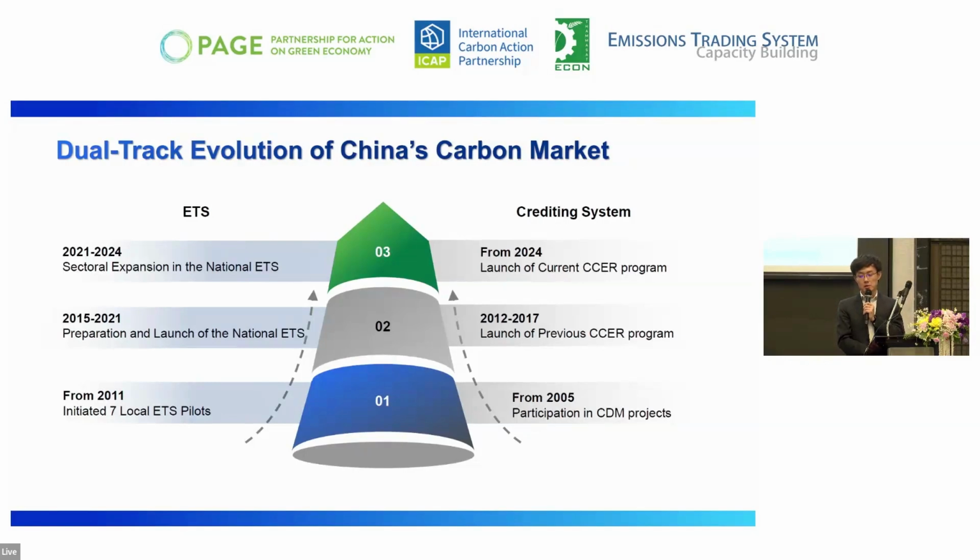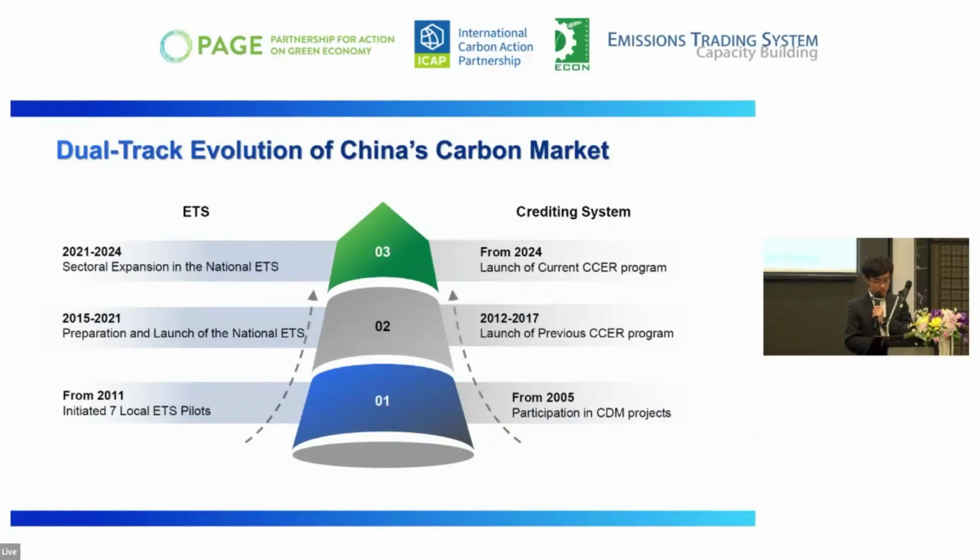So they built up the CCER program. By then it linked back to the China pilots, because during the first phase of the CCER program, all the China ETS pilots were implemented. All of them had offset linking with the CCER, and most of them allowed key emitting entities to use a certain percentage of CCERs to offset their compliance obligation.